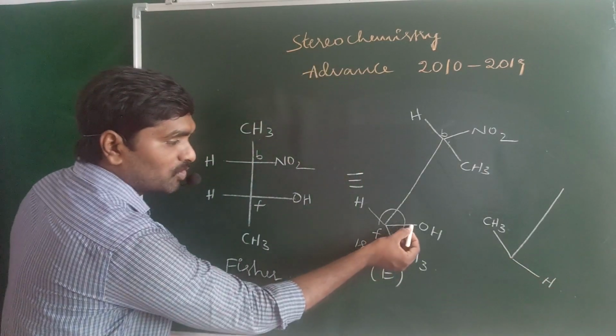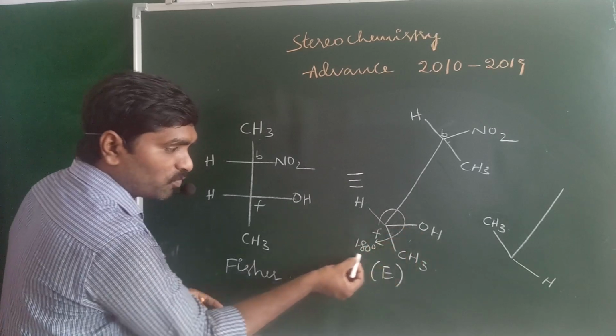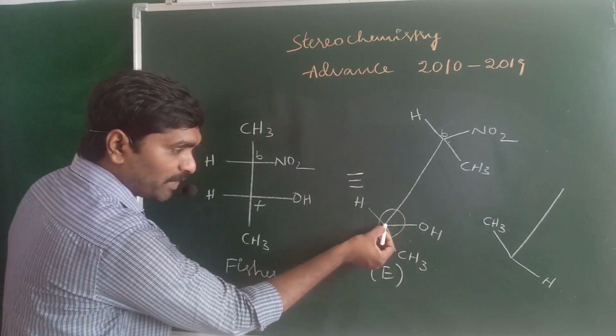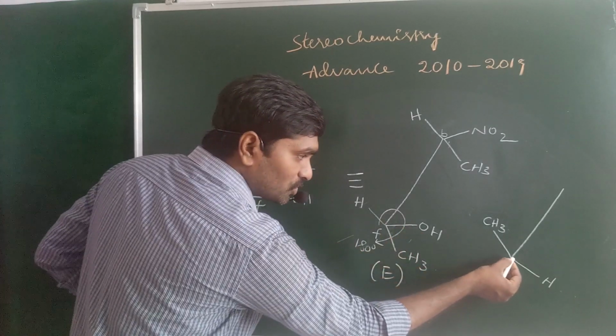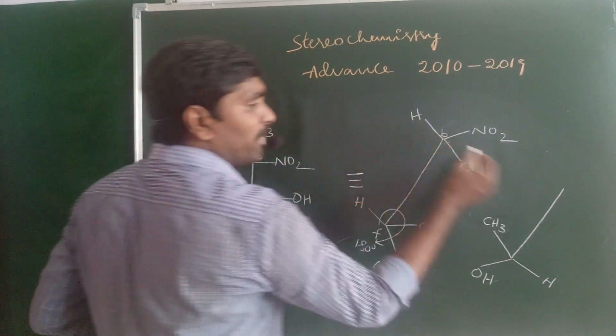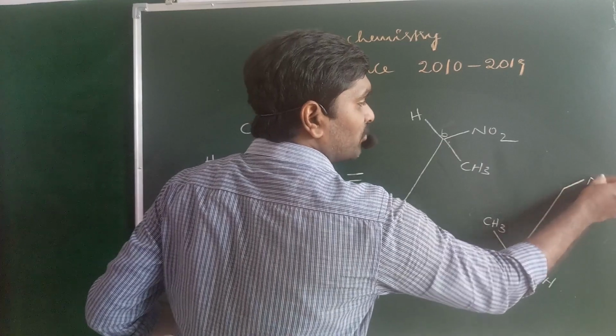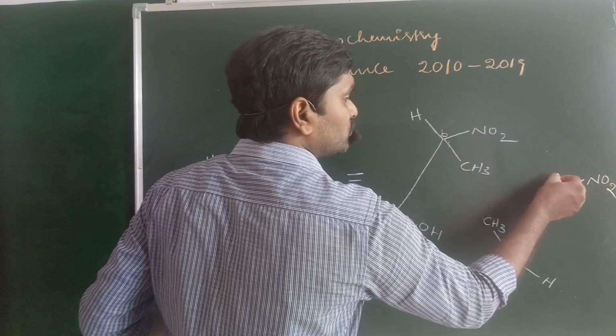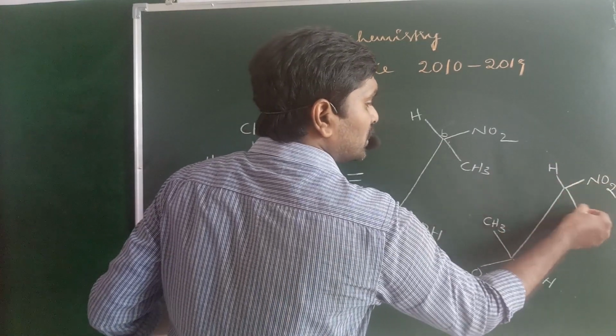At the same time, the OH rotates about 180 degrees and occupies this position, so OH is like this. The remaining backside carbon configuration is the same, there is no change: NO2, H, CH3.